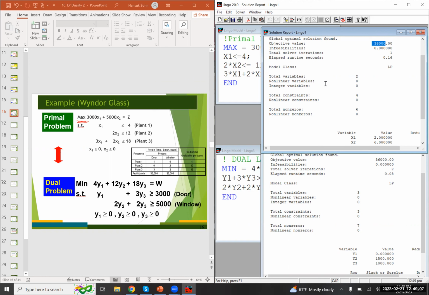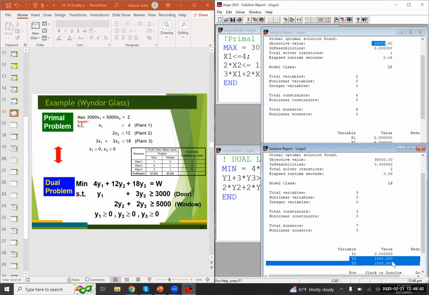So this is obviously the seller's perspective, but when you look at the dual, which is from the buyer's perspective, if you are planning to purchase all of the window glass company's resources according to the dual optimal solution, the price paid for the labor hours at plants number 2 and 3 has to be set equal to $1,500 per hour and $1,000 per hour, right?